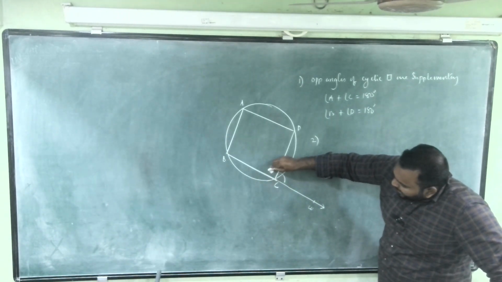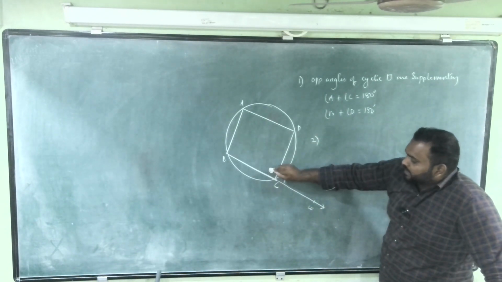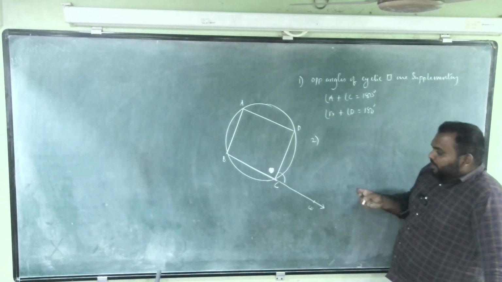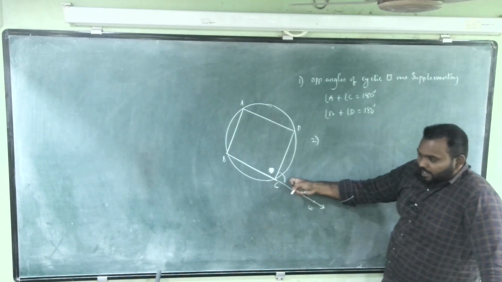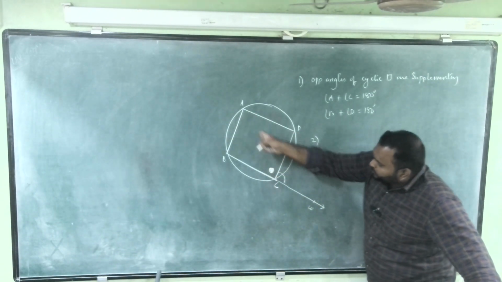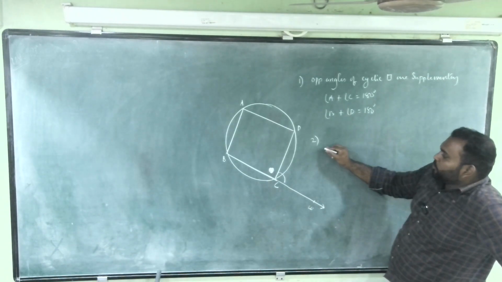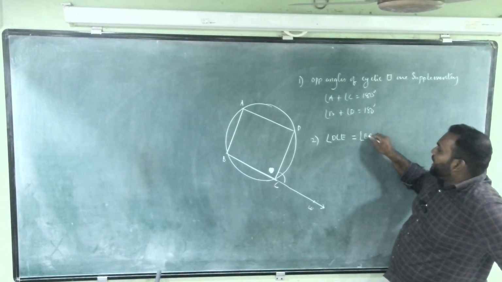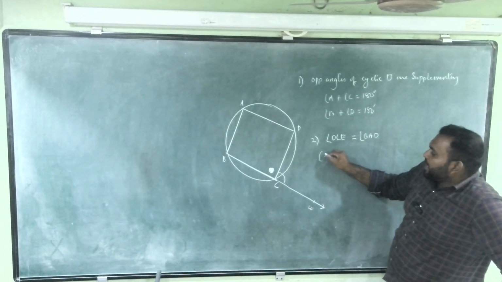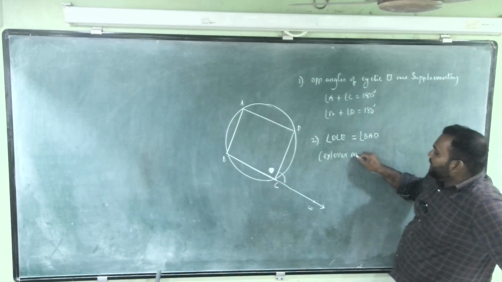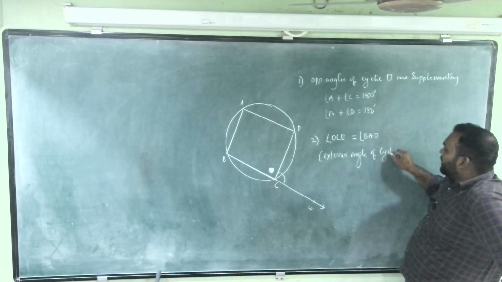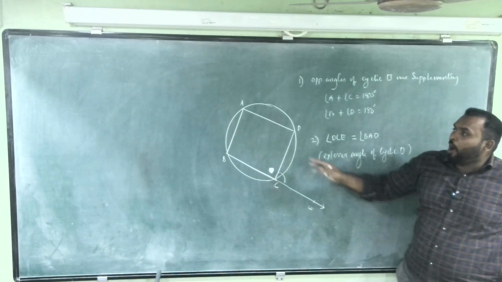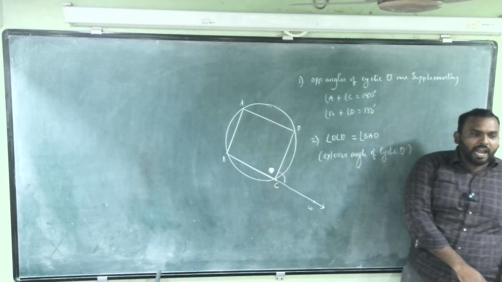Which angle is opposite to it? So the measure of the exterior angle is equal to the angle opposite to the adjacent interior angle. That means angle DCE will be equal to angle BAD. This is the exterior angle of a cyclic quadrilateral property.